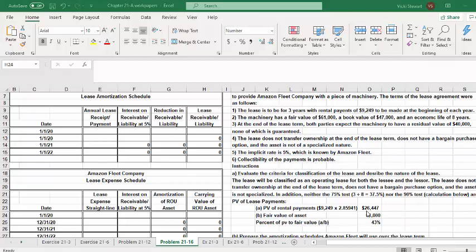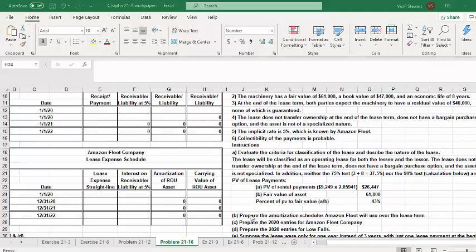So we get the present value of the 3 rental payments, and we compare that to the fair value of the asset, which is $61,000, and we see that it is only 43%. So the 90% test was not met. And of course, we don't include the present value of the residual value because it is unguaranteed.